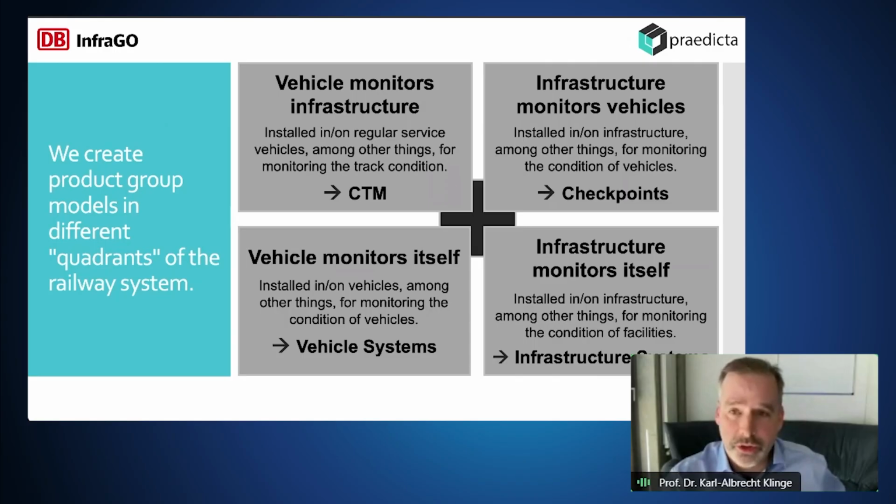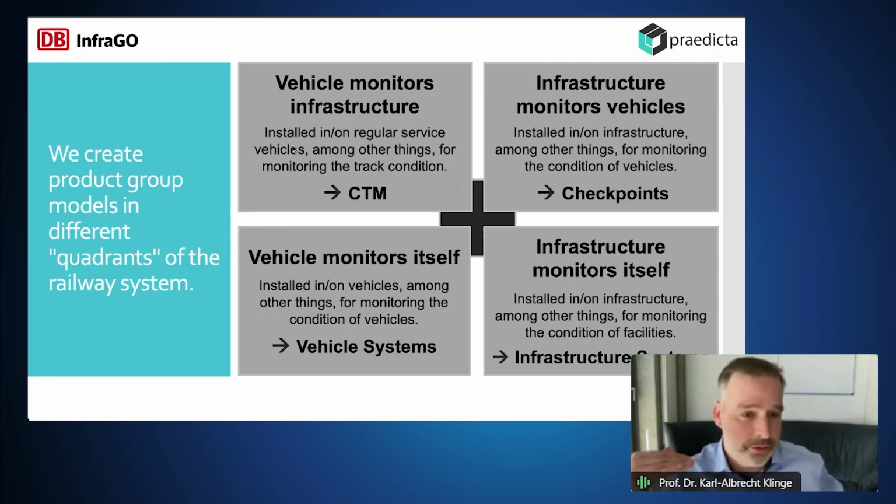So you could measure wheel forces, loading parameters, camera bridges for graffiti, hot box detections, or hot brake detections, and so on. So there are lots of different modular checkpoints and vehicle monitors infrastructure.